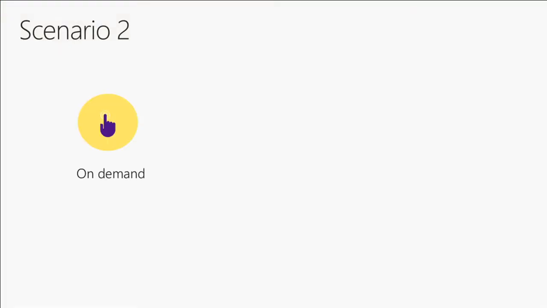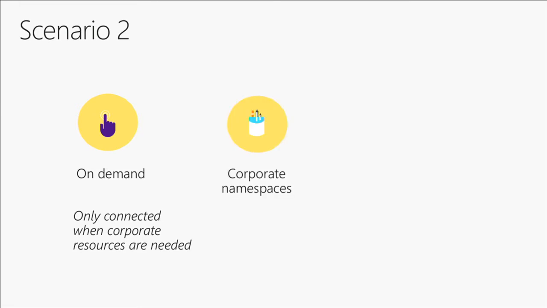So our second scenario, let's move away from that always connected paradigm and move towards something we call on demand. So that's only connecting the VPN if a corporate resource is needed. So with this, you'll need to be able to define what a corporate resource is, and you need to define it in a set.